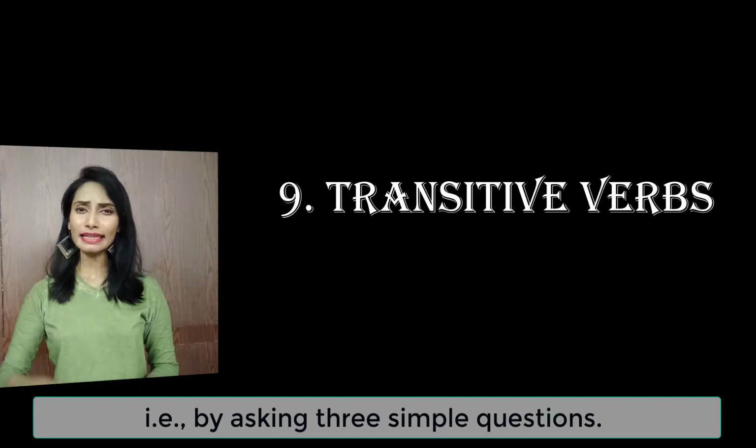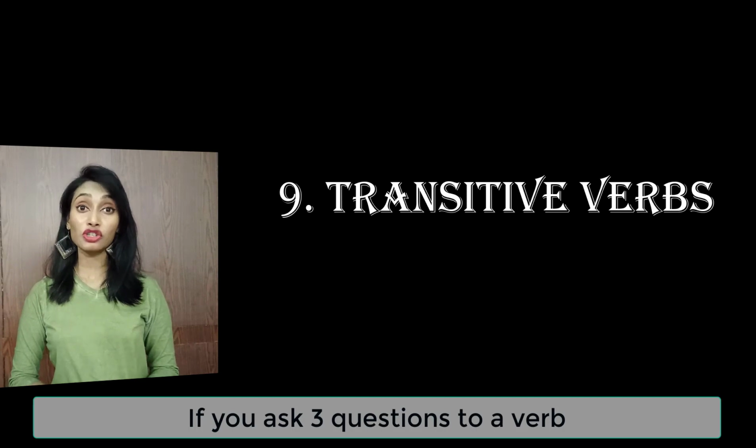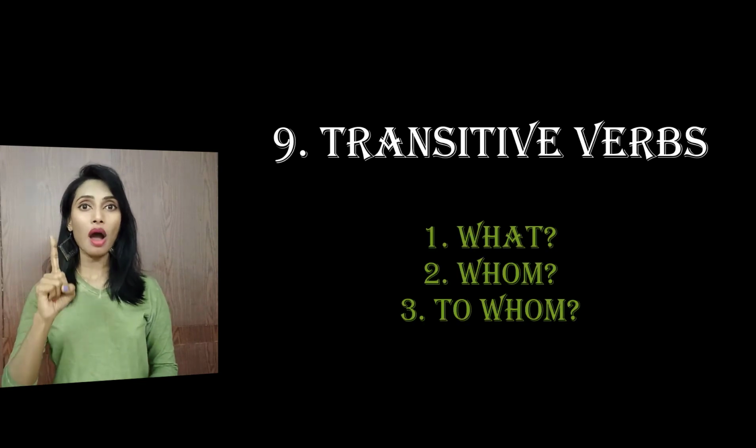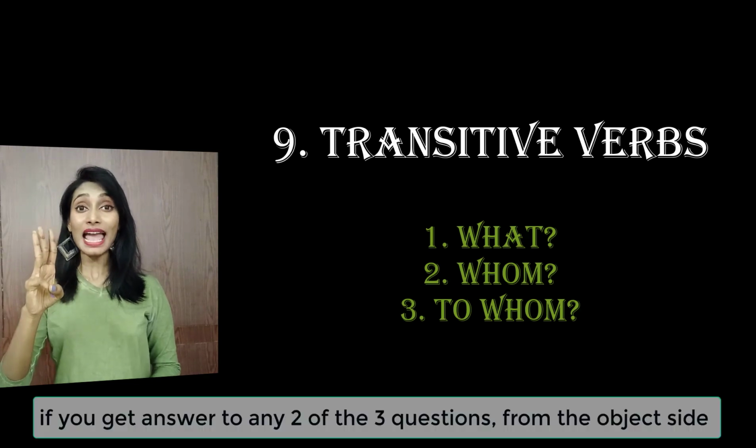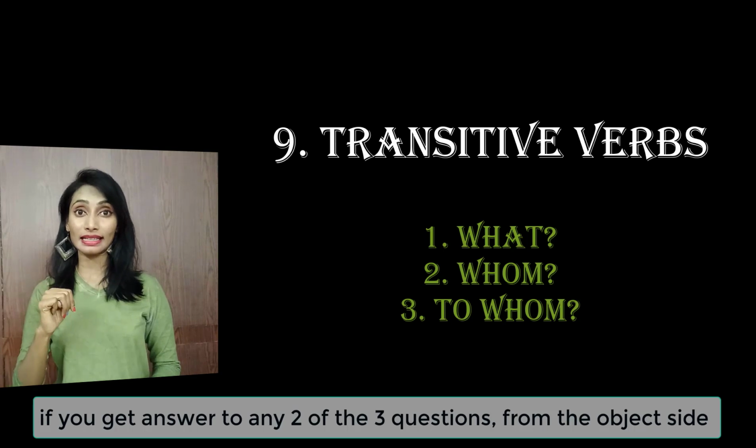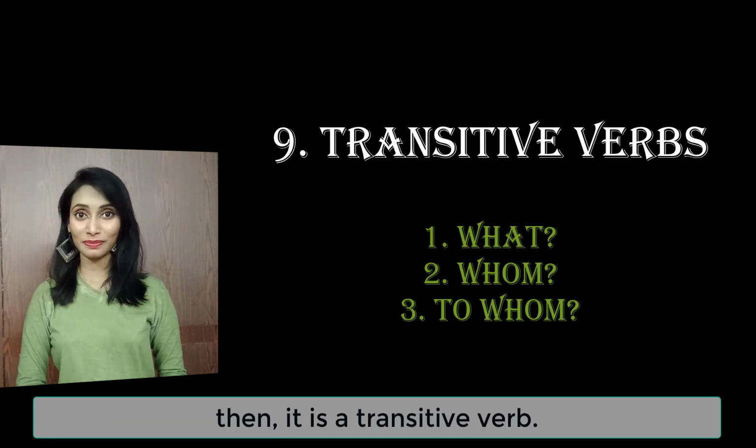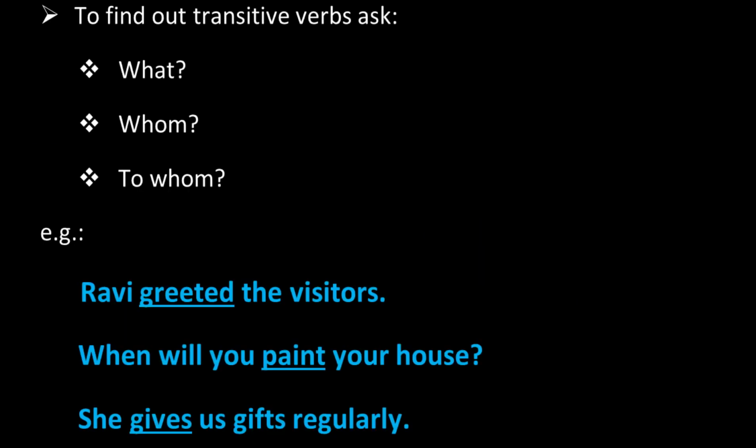That is, by asking 3 simple questions. The 3 questions are what, whom, to whom. If you get an answer for any 2 of the 3 questions from the object side, then it is a transitive verb.